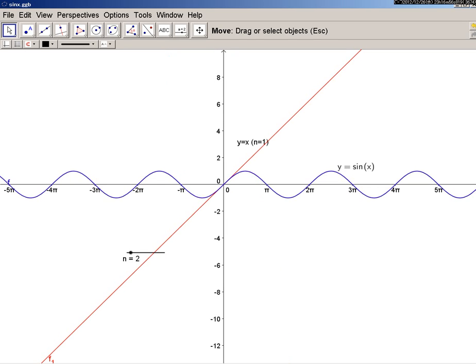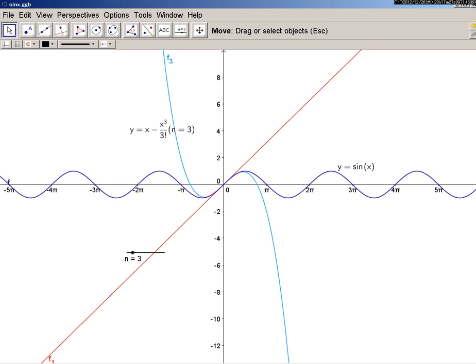For n equals 1 and n equals 2, the second polynomial and the first polynomial are the same, because the second coefficient is 0. Because y equals sine x is an odd function, the second coefficient is 0. Thus, the second polynomial and the first polynomial are the same.